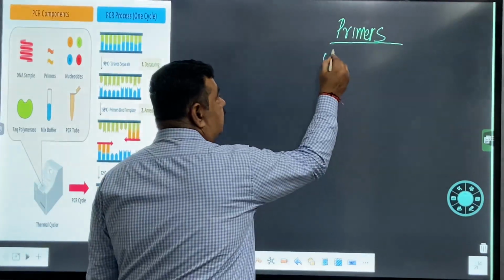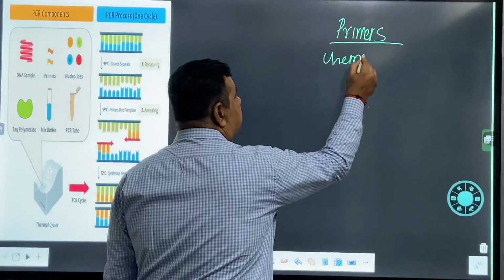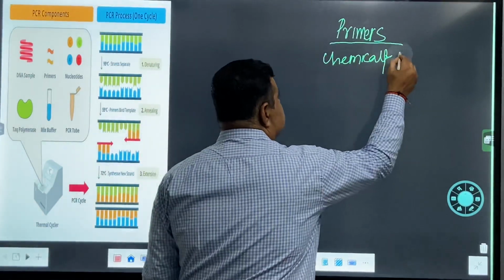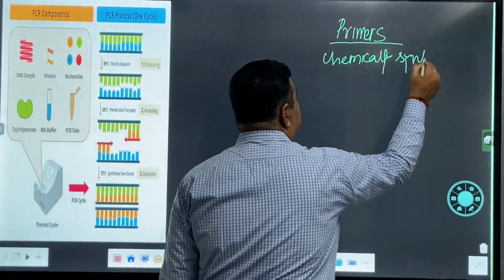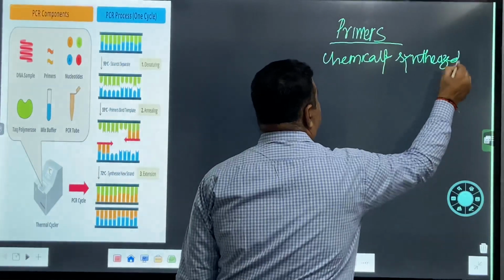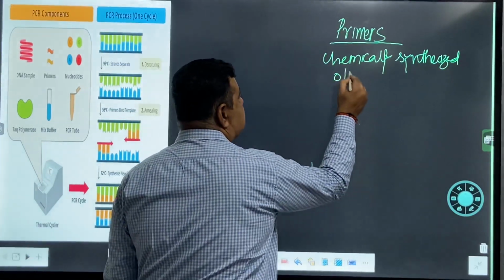Primers are chemically synthesized oligonucleotides.